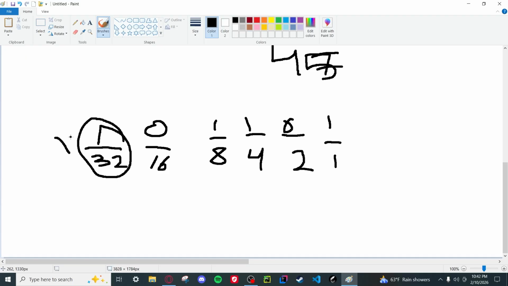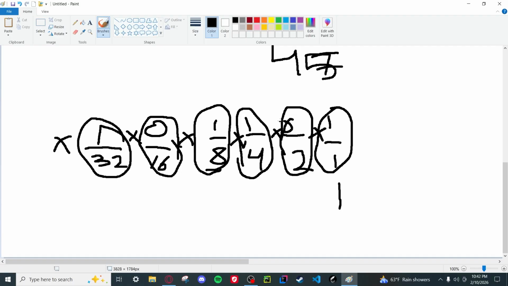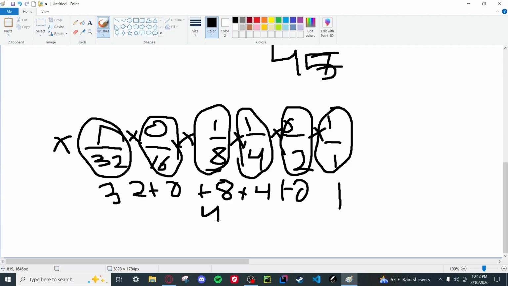You can multiply the 1 and the 8, the 1 and the 4, the 2 and the 0. Well, 1 times 1 is going to give you 1, 0 times 2 is 0, 1 times 4 is 4, 1 times 8 is 8, 0 times 16 is 0, 1 times 32 is 32. You can just add them all up again, and you're going to get 45.